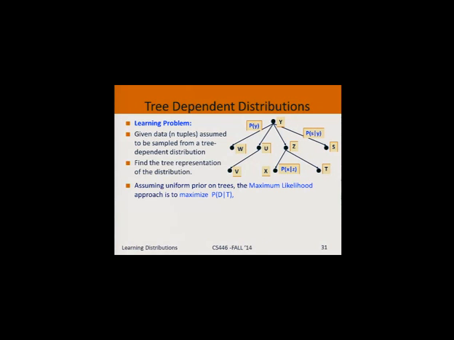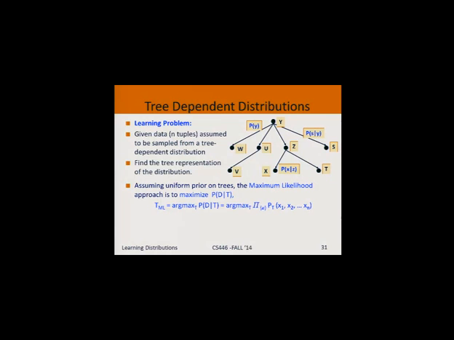Right? So we assume a uniform prior over all trees, and then maximize the probability of the tree given the data, which is the probability of the data given the tree. So the most likely tree is going to be this, argmax over all possible trees, probability of D given T, which is, as we said, the product over all of our examples, the probability this tree assigns to this data point.